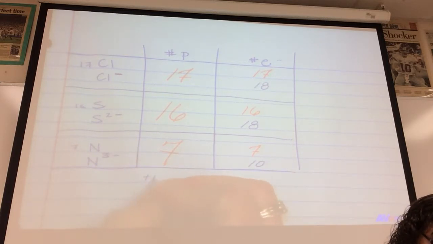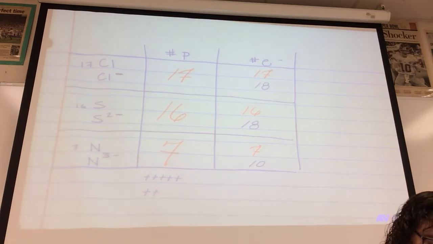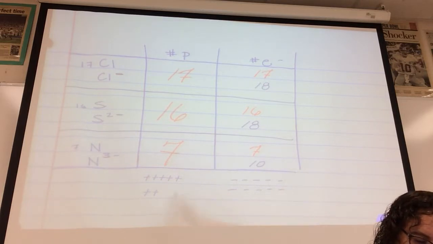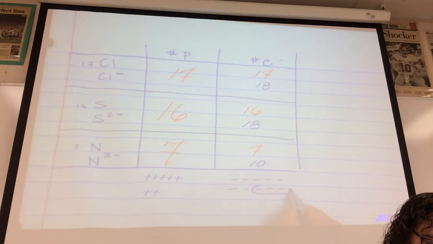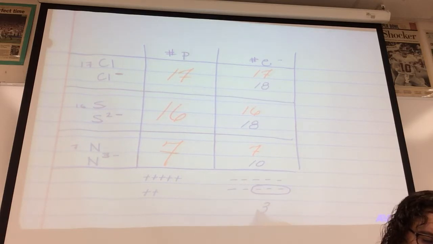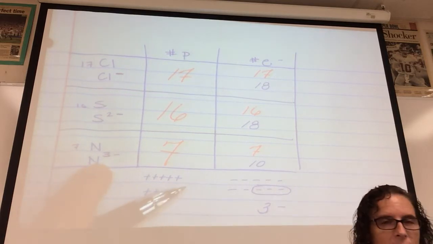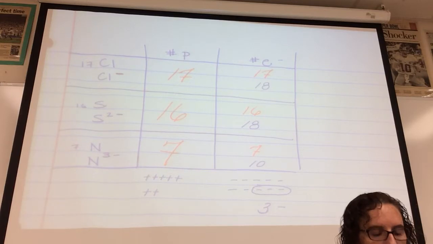You have 7 protons. The ion has 10 electrons. So the 7 pluses and the 7 minuses cancel, and here's the 3 minus charge that this ion has.